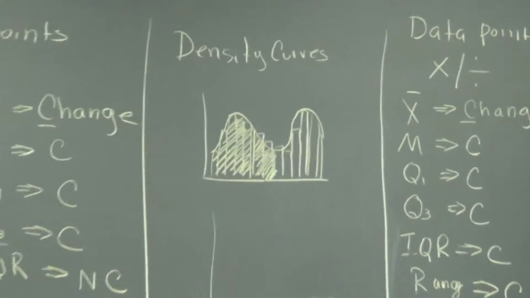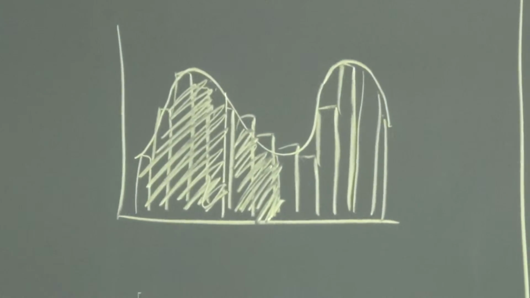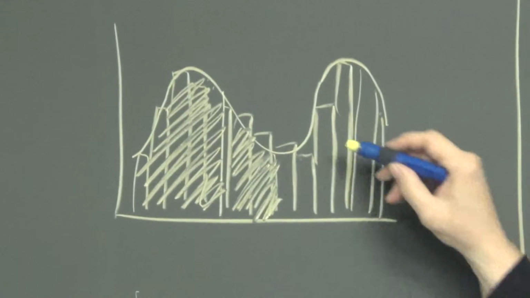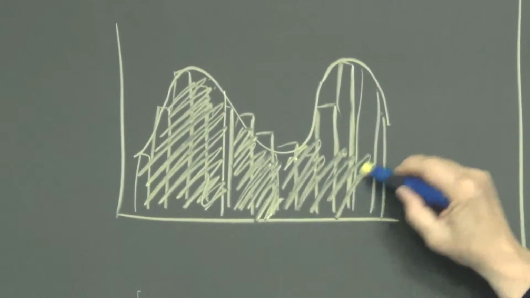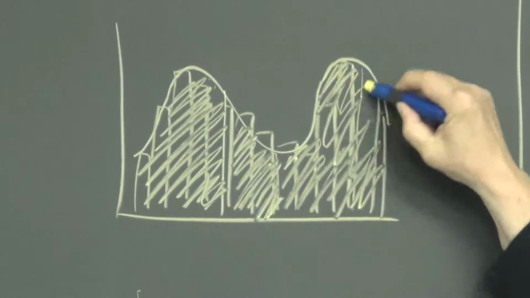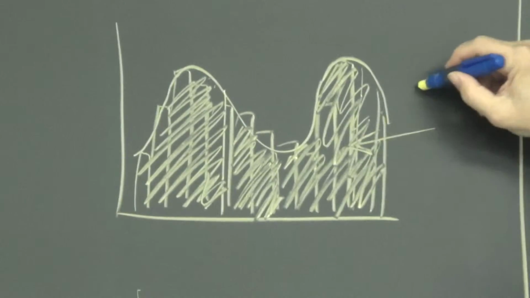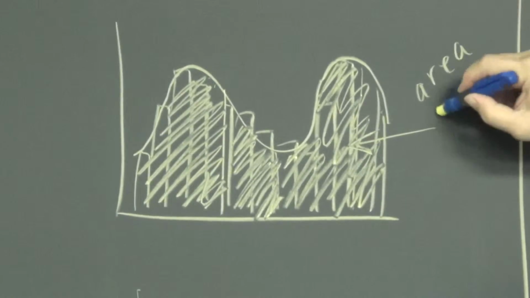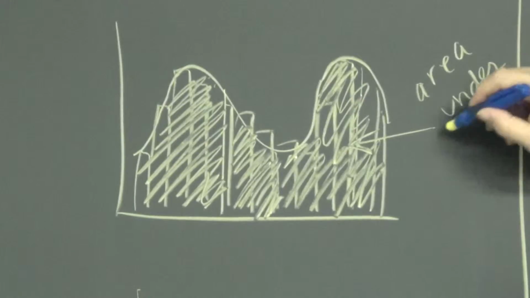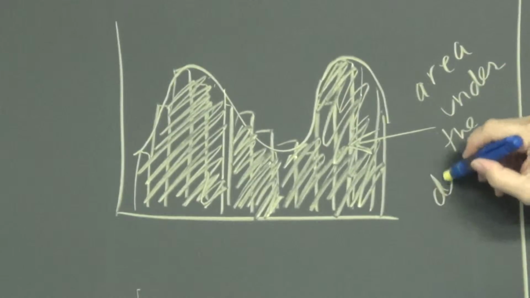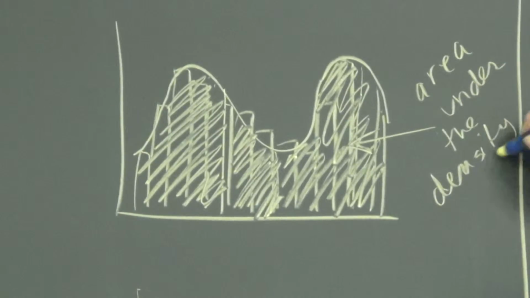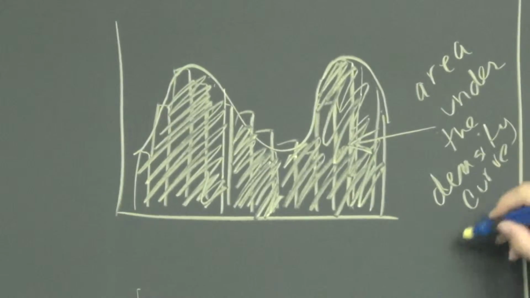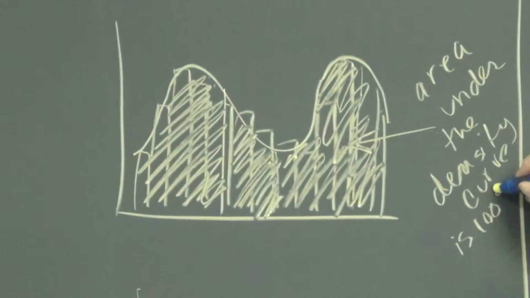So in this line of thinking, what number corresponds to all the area under the density curve? And that's the number. So the area under the density curve is 100%, which is the number 1. 100% is another way of saying 1.